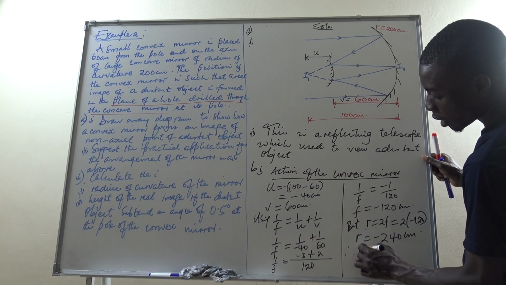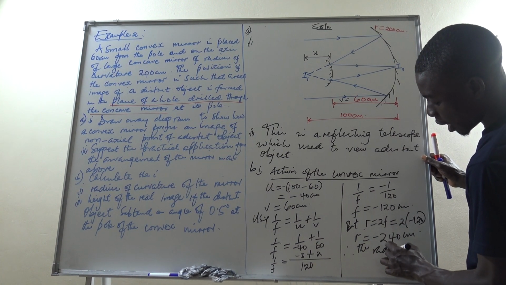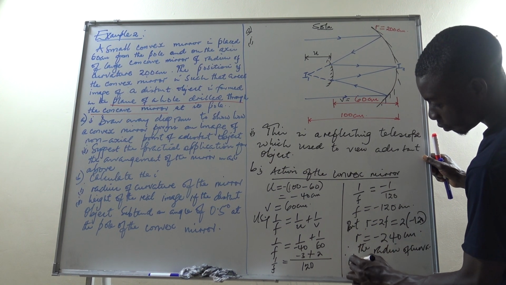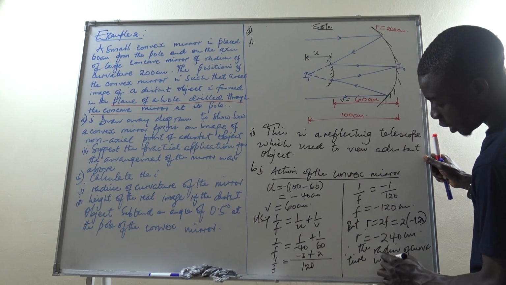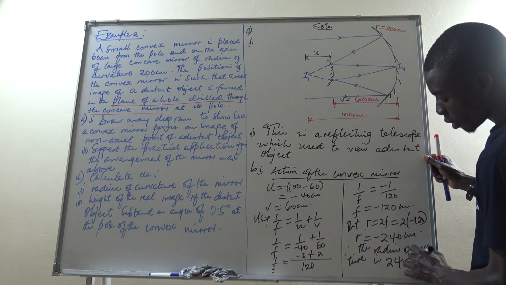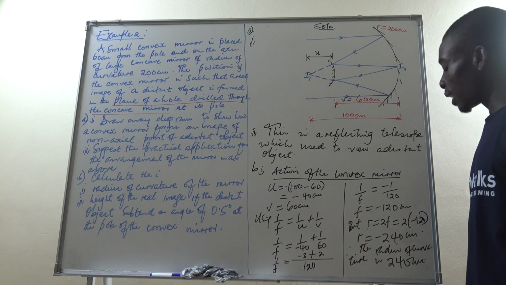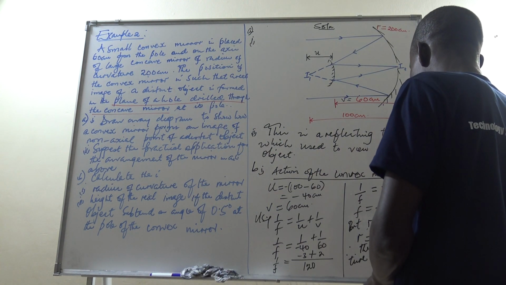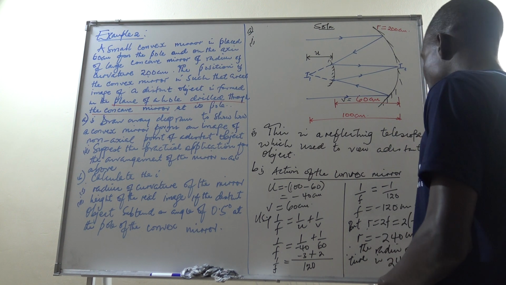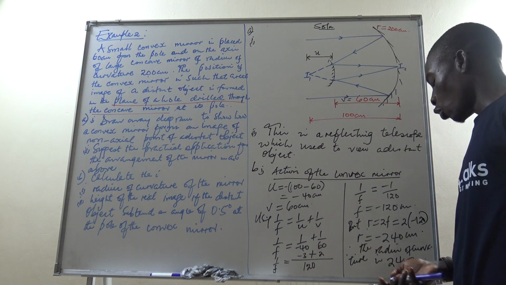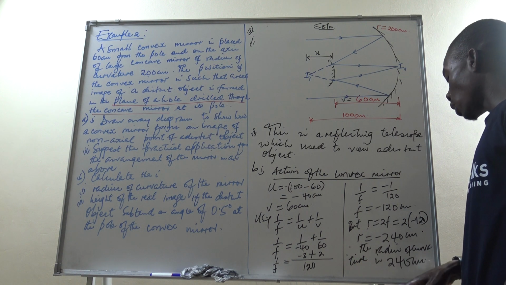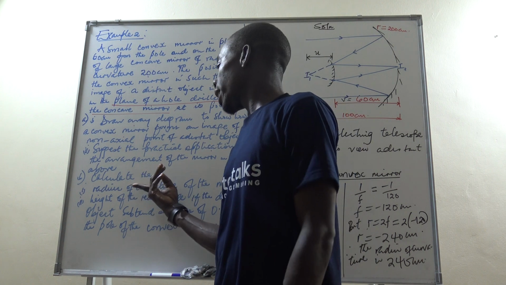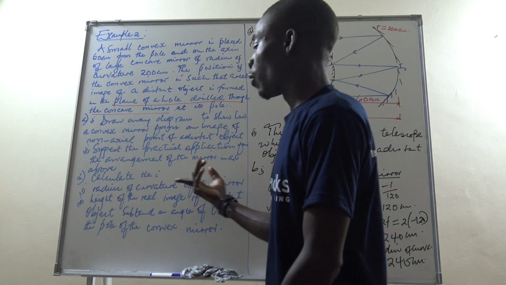So therefore, the radius of curvature is 240. Okay? The negative is telling us that the radius of curvature of a convex mirror is always negative. But when I'm concluding, I'll just say the required one is supposed to be 240, and that is for part B, first Roman.